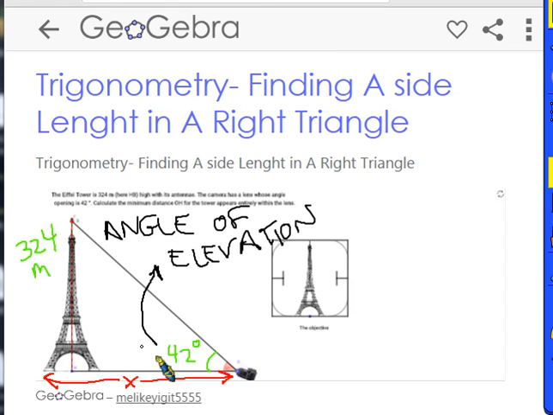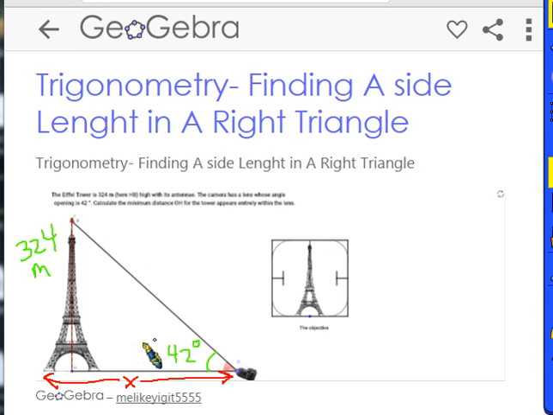So that's called the angle of elevation. Let me go ahead and clean up the drawing a smidgen. Okay. Anyways, the angle of elevation is 42 degrees.